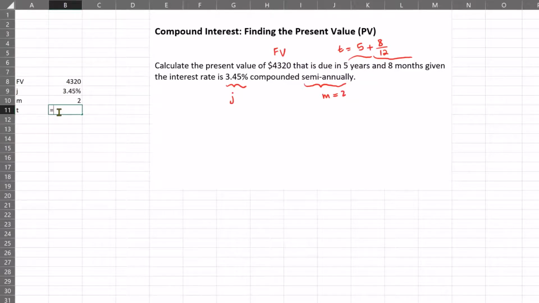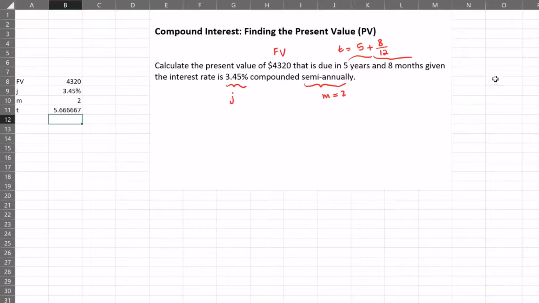We didn't have to for the previous ones, but for t, because it involves calculation, we put the equal sign: 5 plus 8 over 12. Then you press enter, and Excel converts it to decimal.